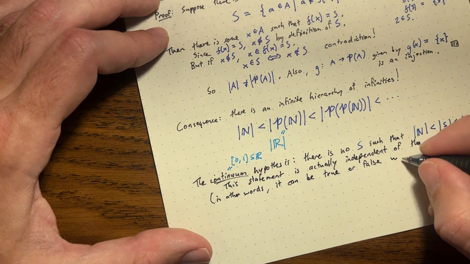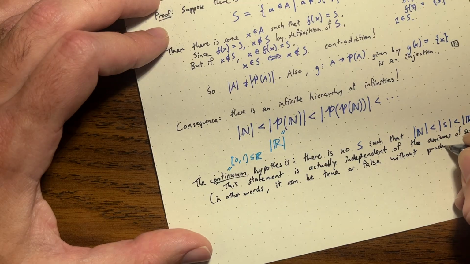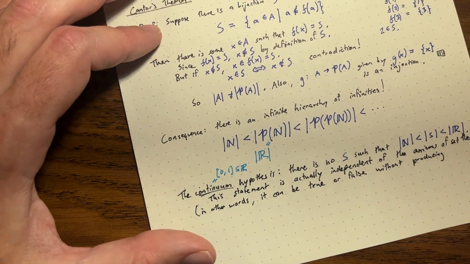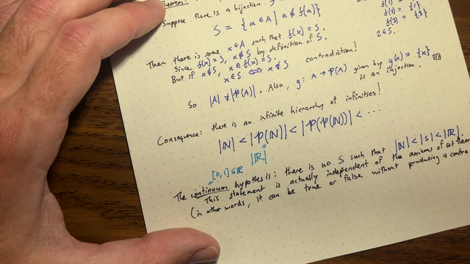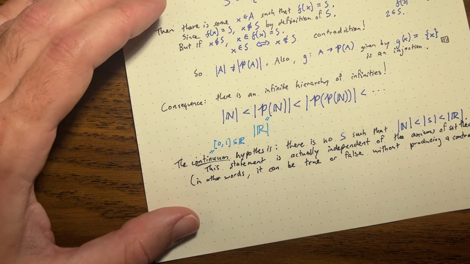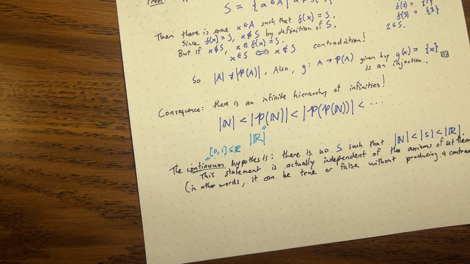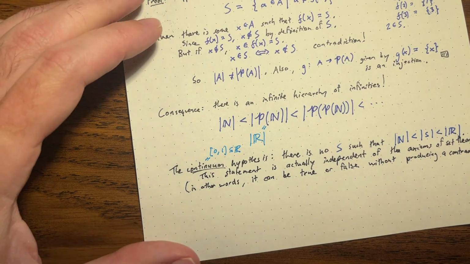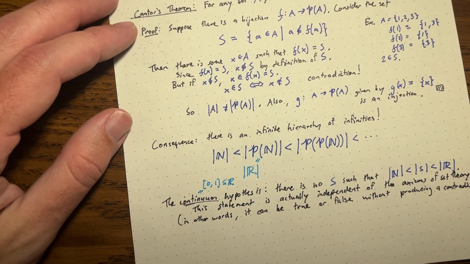So it can be either true or false without producing a contradiction. You have to pick one or the other. But it can be true, and that's one version of mathematics, and it can be false in a different version of mathematics. So there are versions of mathematics where this is true, and there are versions where it's false.